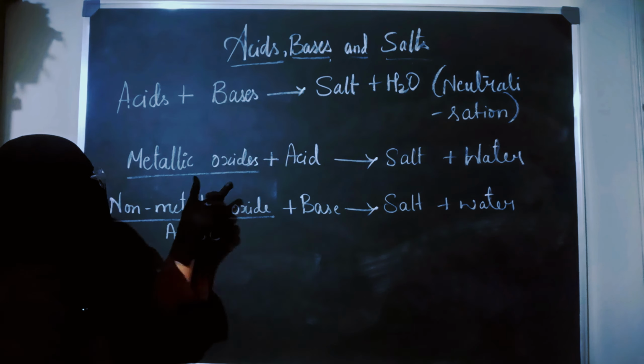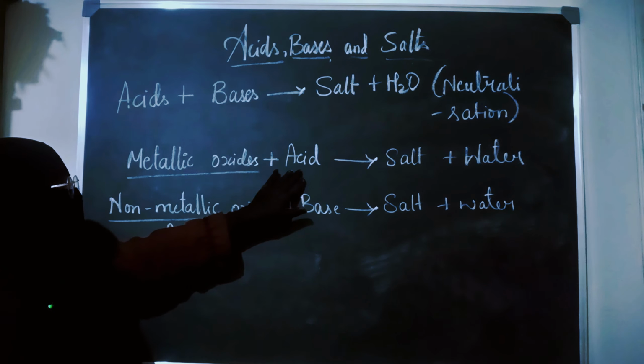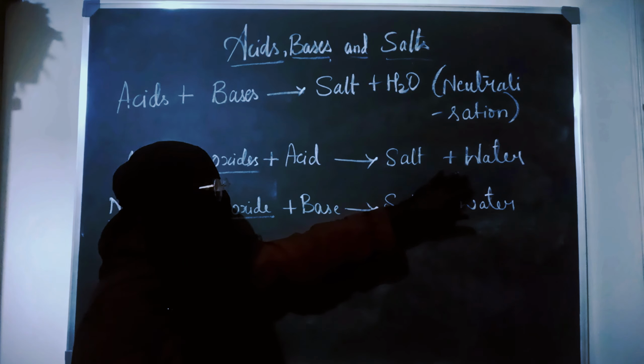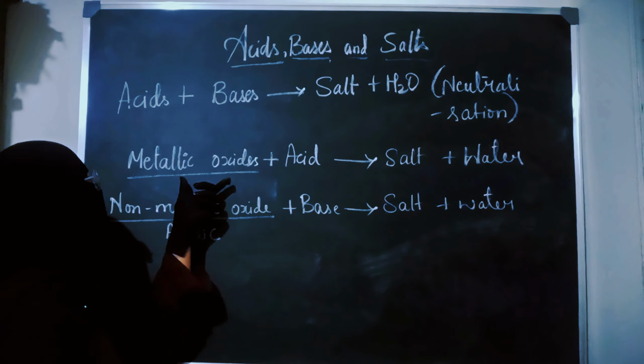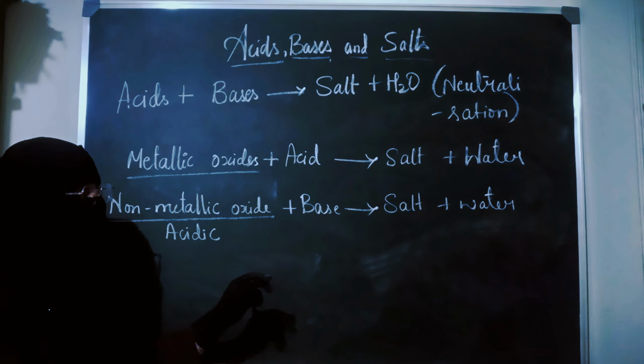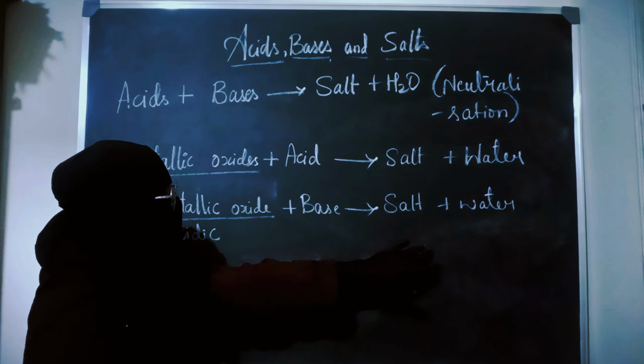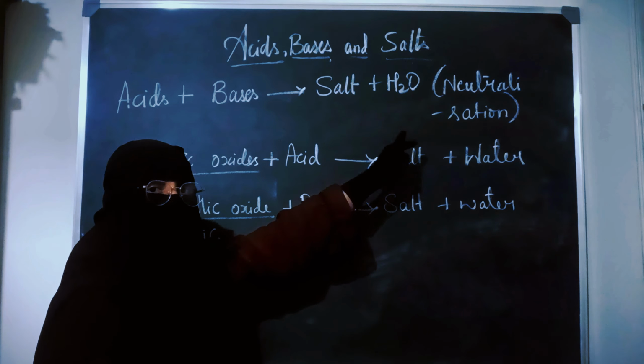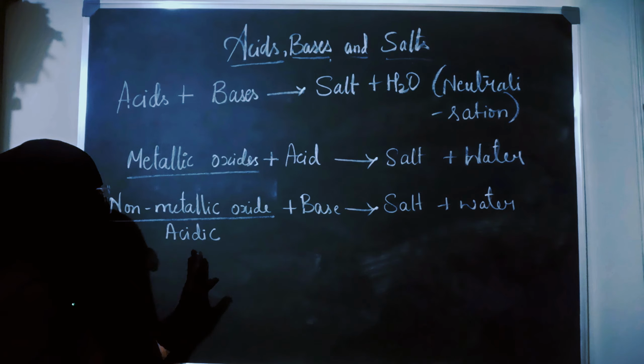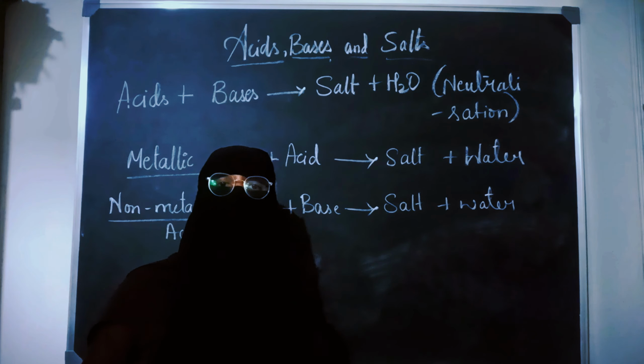The same way, if I make the metallic oxides react with acid, they lead to the formation of salt and water, and so we consider metallic oxides to be basic in their nature. And if I make the non-metallic oxides react with the base, it again gives the same product as neutralization, and so I consider the non-metallic oxides to be acidic in their nature.